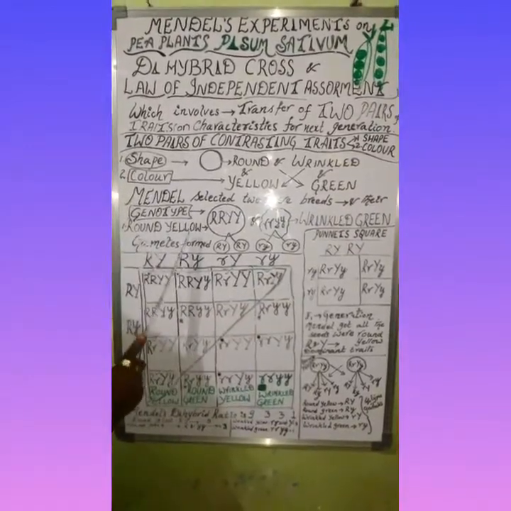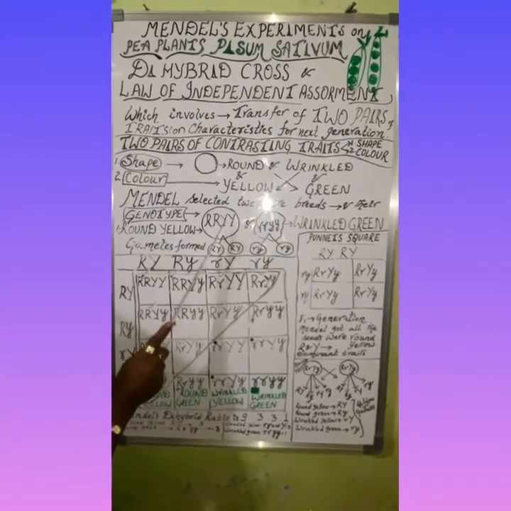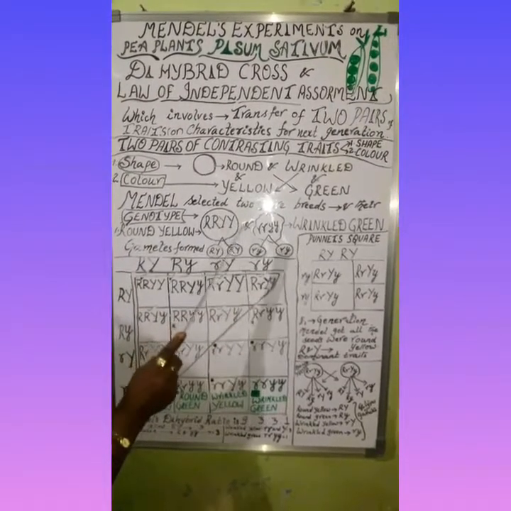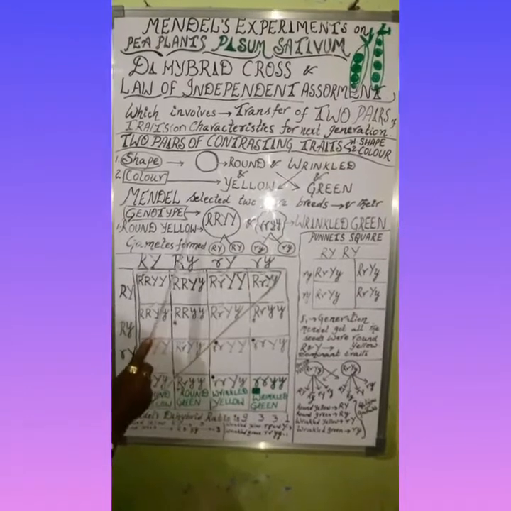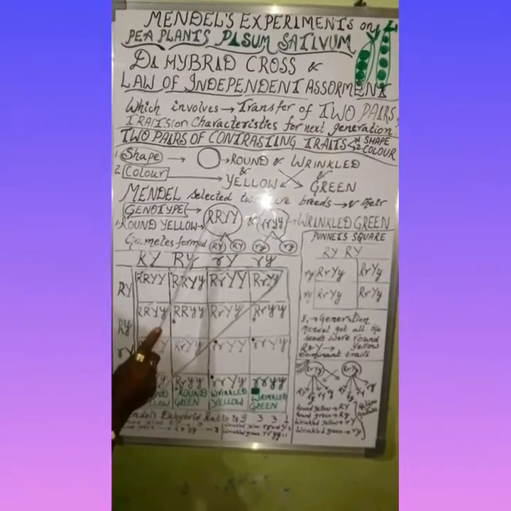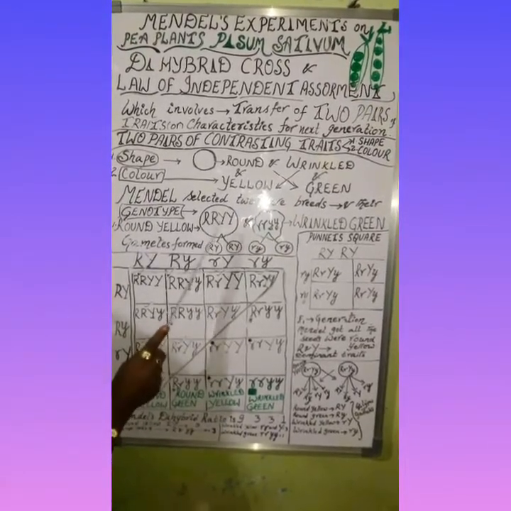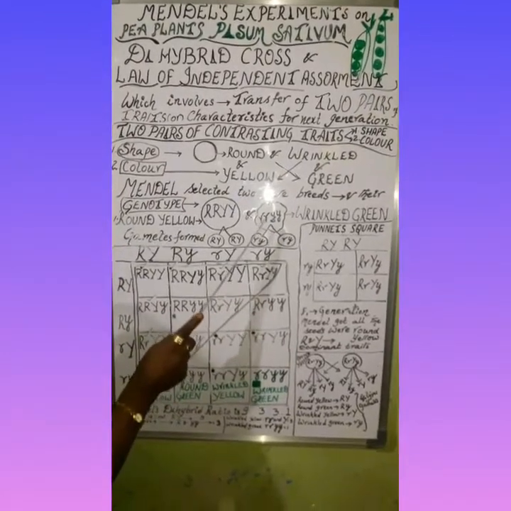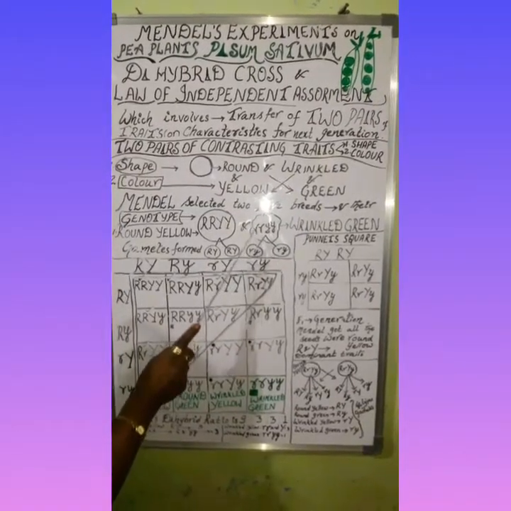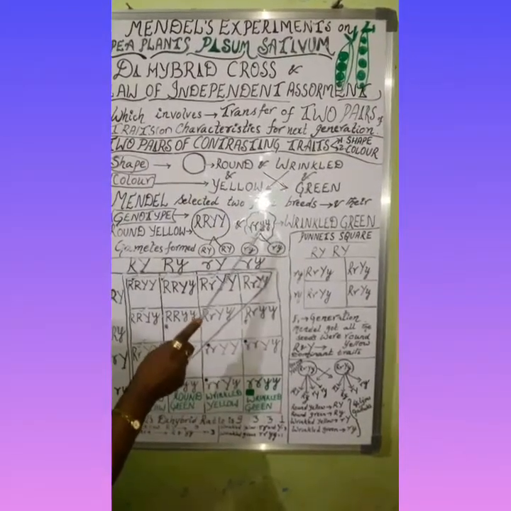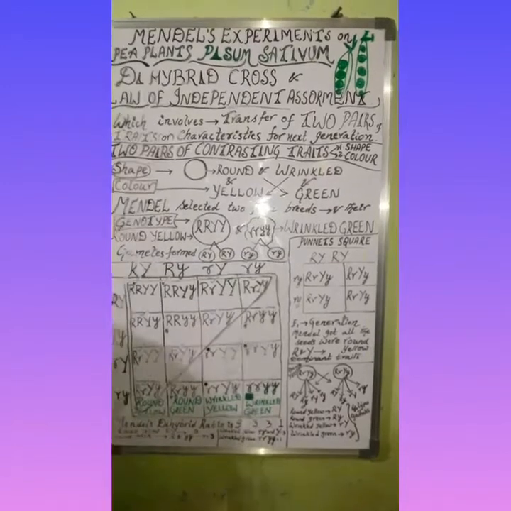For round yellow, we write capital R, capital R, capital Y, capital Y. And for wrinkled green, the genotype will be small r, small r, small y, small y.